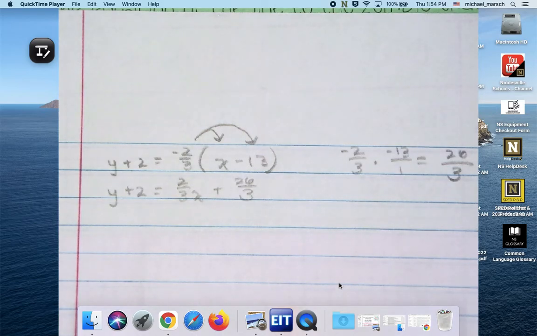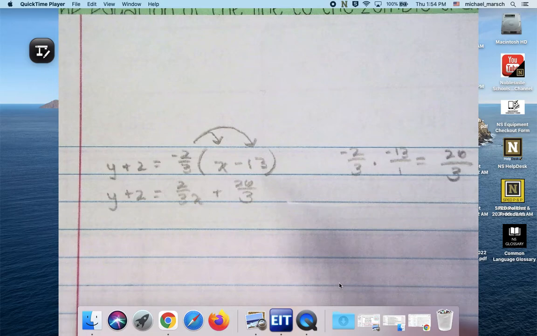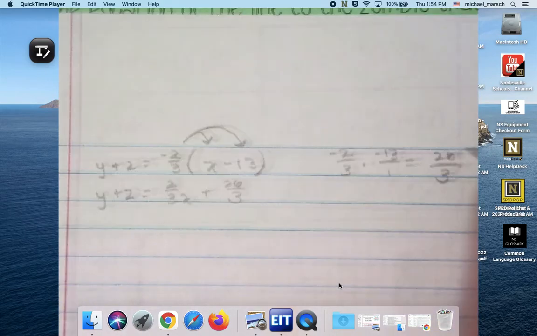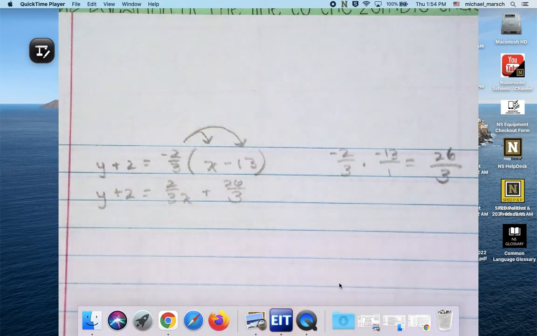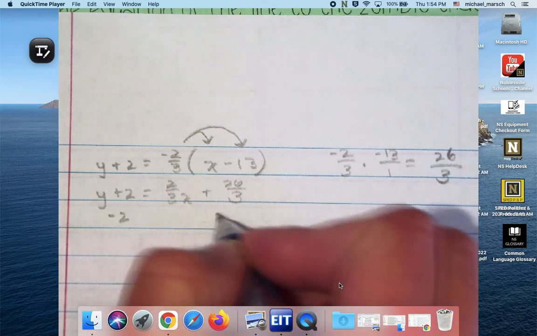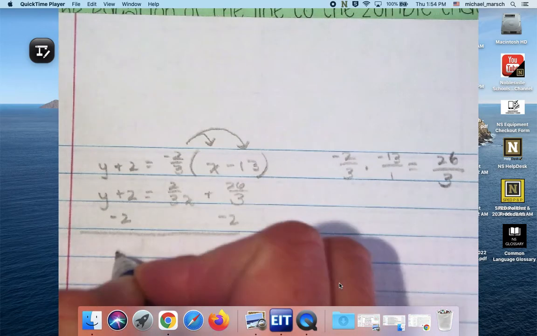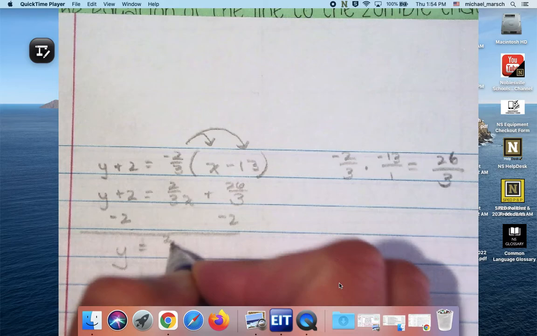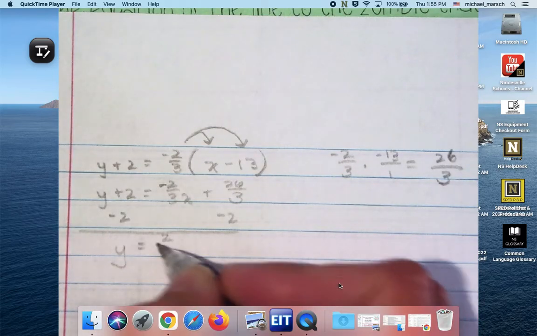That's a positive because a negative times a negative equals a positive. And then I'm going to subtract 2 from both sides. This actually should be a negative 2/3 x, I'm sorry.